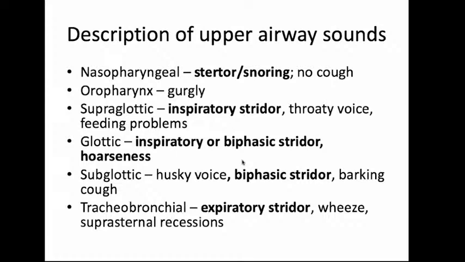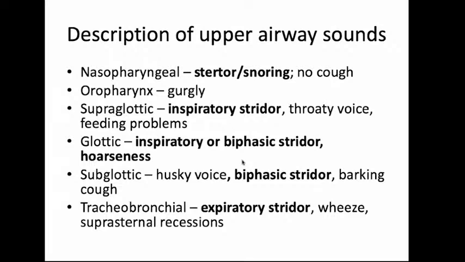At the level of the glottis, like we said, because the vocal cords are responsible for voice production, you'll get hoarseness, and the stridor will be either inspiratory or biphasic, meaning both inspiratory and expiratory.